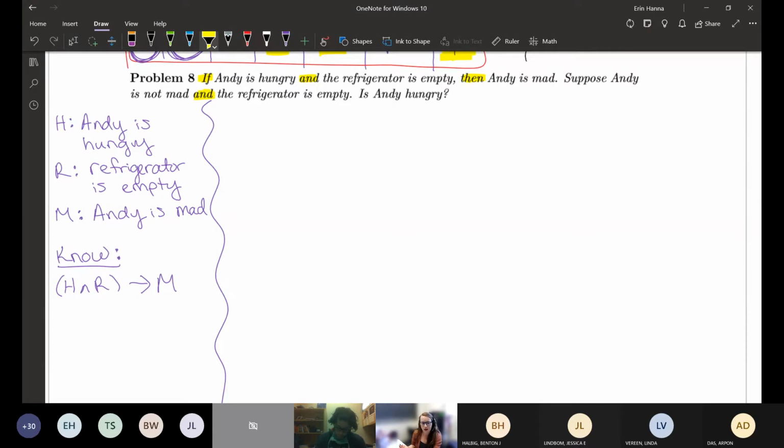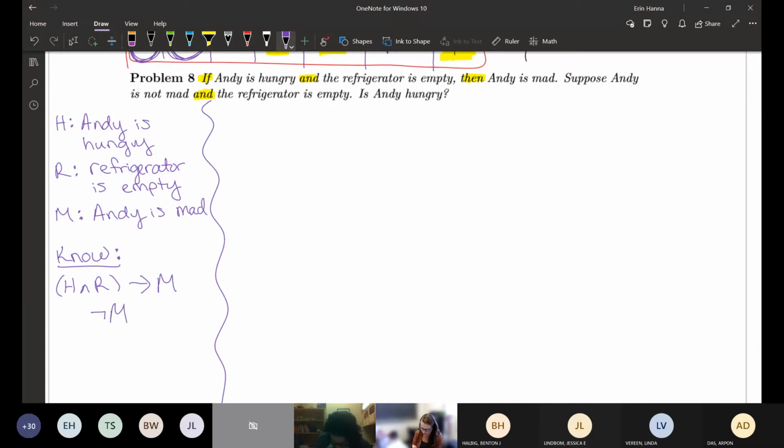The reason I can choose to ignore this, and I couldn't ignore the first and, is because the first and was contained in an if then. If something's contained in an if then you have to use it. But since this is on its own, there's no if then here, I can split those into two separate statements. So suppose Andy is not mad would give me not M.